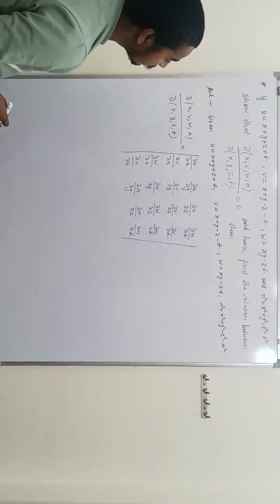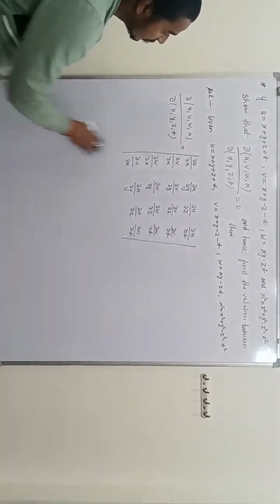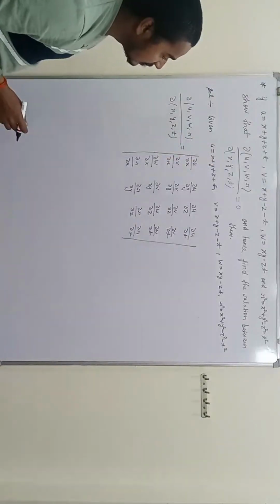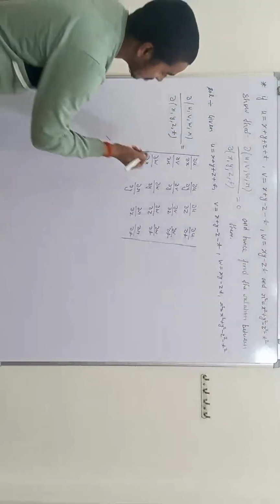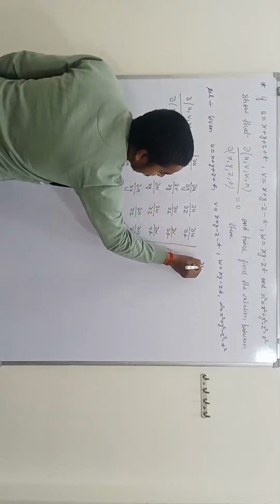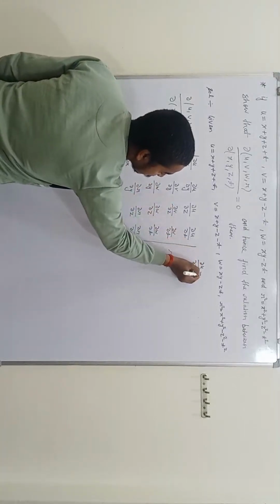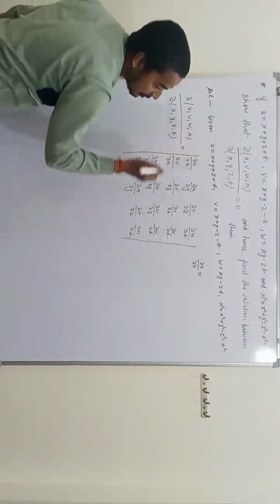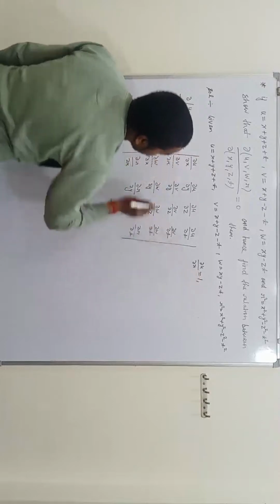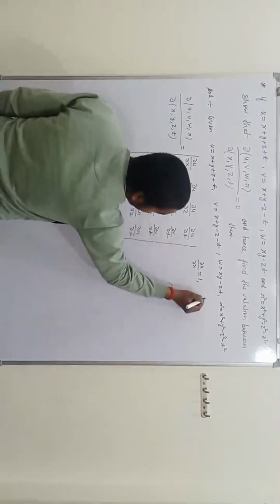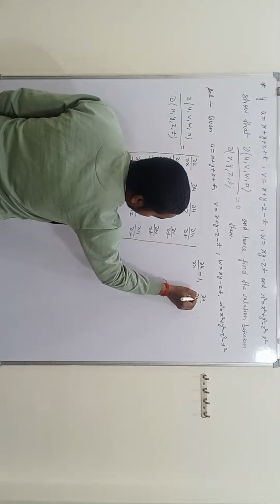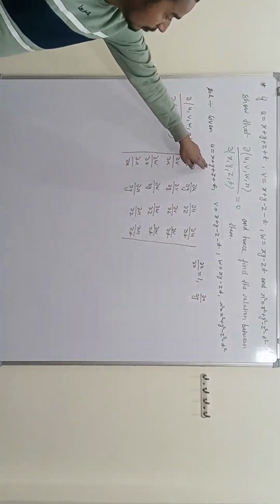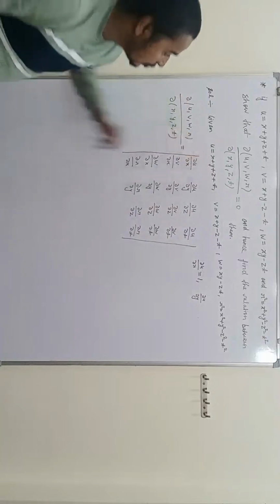First, we have to find del u upon del x. U is equal to x plus y plus z plus t; differentiating partially with respect to x, that is 1. Further, del u upon del y is given by y differentiating partially with respect to y, that is 1.